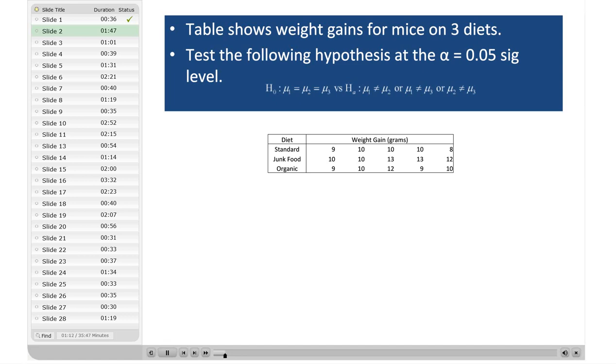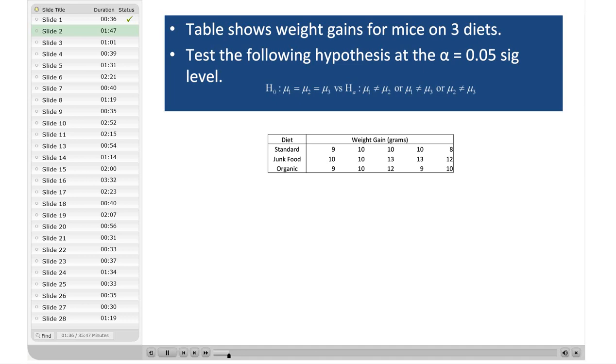Now, before you could figure that out, you really need to start with the question, are these diets even different at all? Or are they all just the same? And that's what the question in this example is asking. It says, test the following hypothesis at the alpha equals 0.05 significance level. H naught, mu1 equals mu2 equals mu3. In other words, H naught is saying that the diets are all the same.